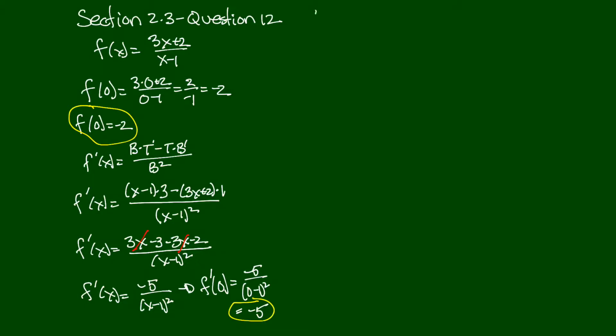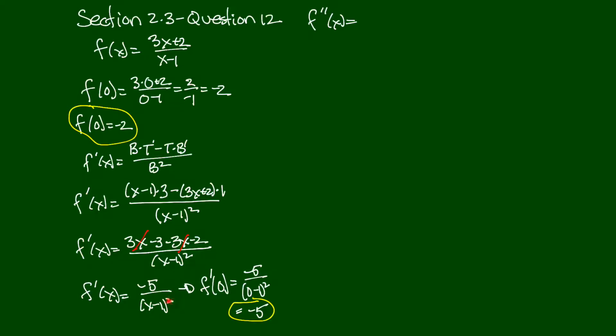Now what about the second derivative? f double prime of x: let's go back to the first derivative. Here's our first derivative way down here. Since I have a quantity to the second power, I'm going to bring this second power up.